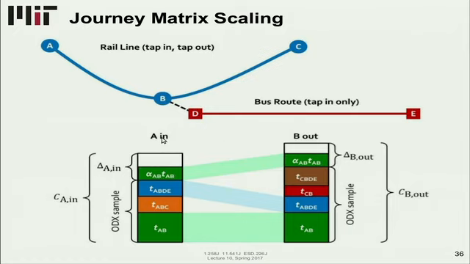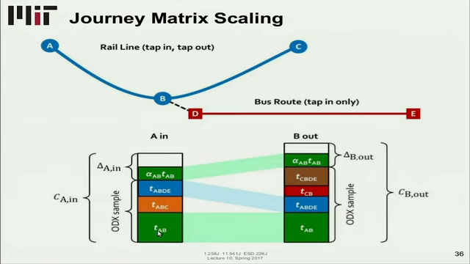That means that there are these count nodes, A in, B out, as two examples, where we count how many people go through that place. And for a portion of the people, this ODX sample here, we have some number of itineraries that go through A. So this is A in.